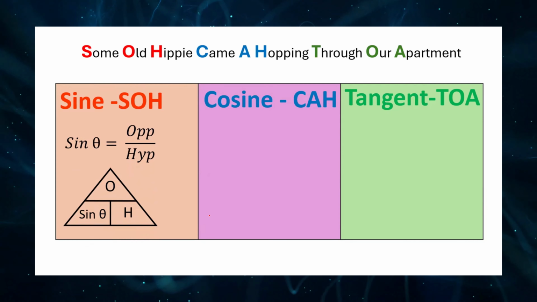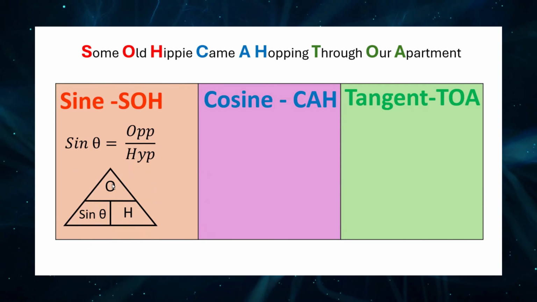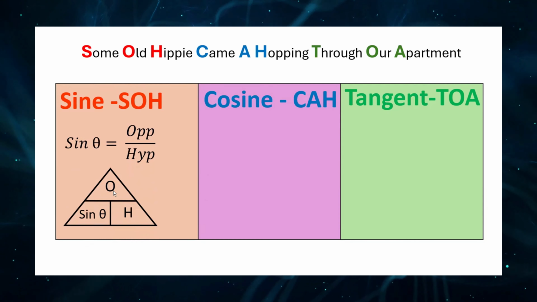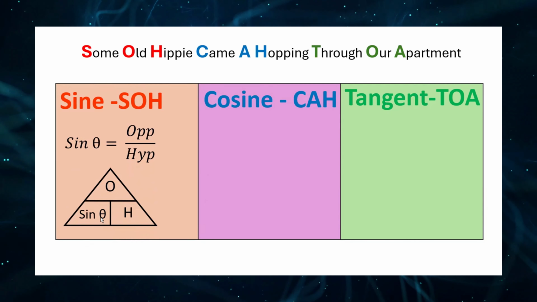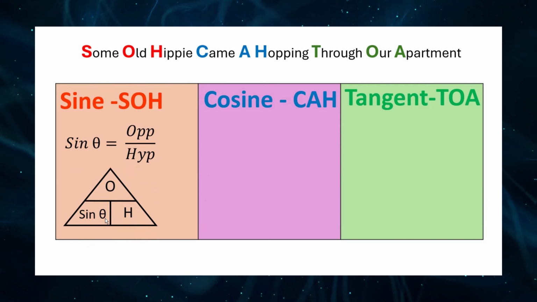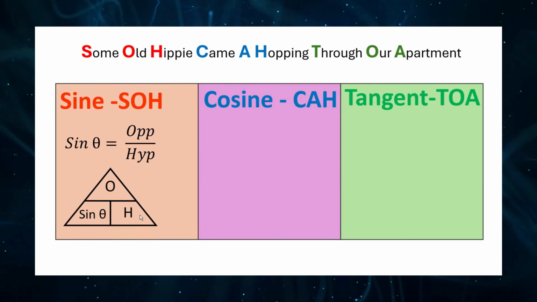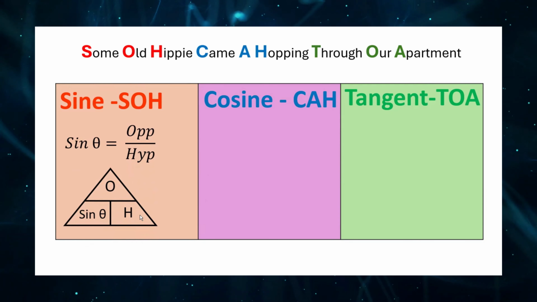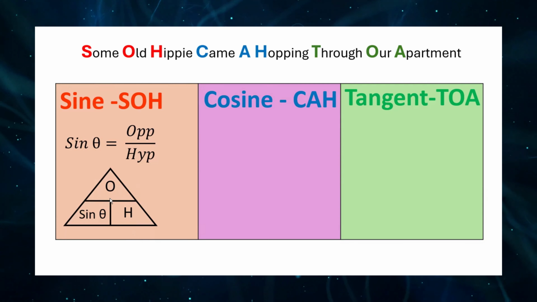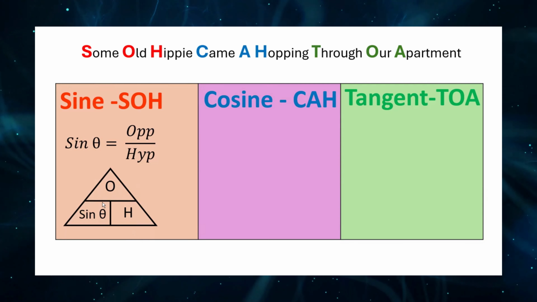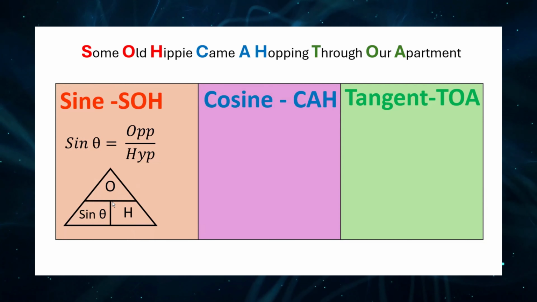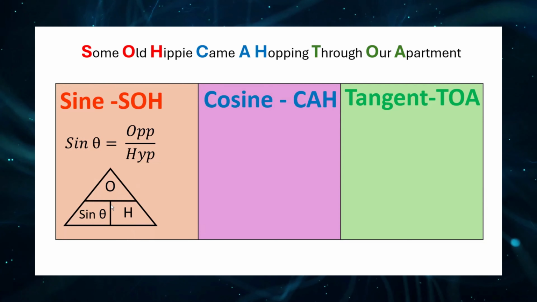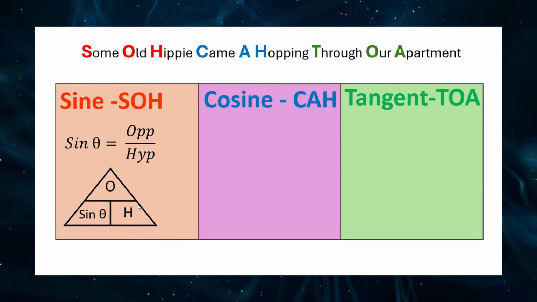Now, if you look here, if I want the opposite side of a triangle, all I need to do is to multiply the sine of my angle by my hypotenuse. However, if I want to find the angle, I need to do the opposite side divided. So this bar here acts as a division sign.